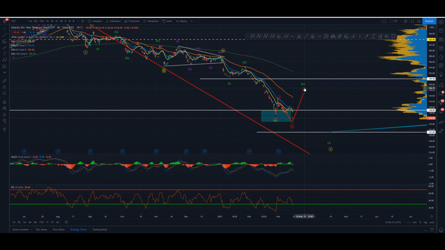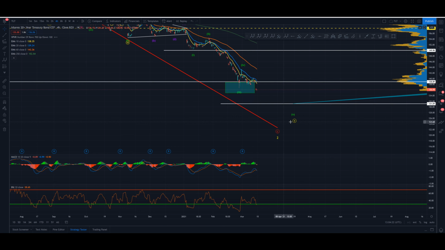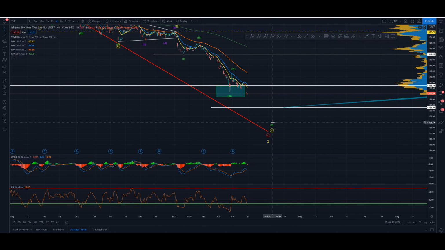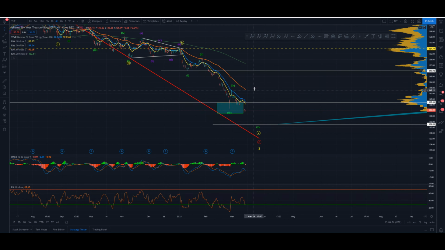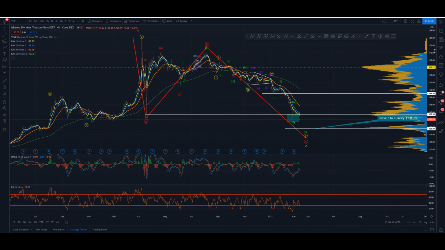Or it's possible it was just over in a flash and we got rejected at the 20 and we already started selling off, in which case another 5 waves down, into where I was expecting to find parity at 131.09. So we're not that far off. We're at 136. This would push the yield up a little higher for another week, maybe another week or two tops, I reckon, and then we should be finding a bottom down here at some point.